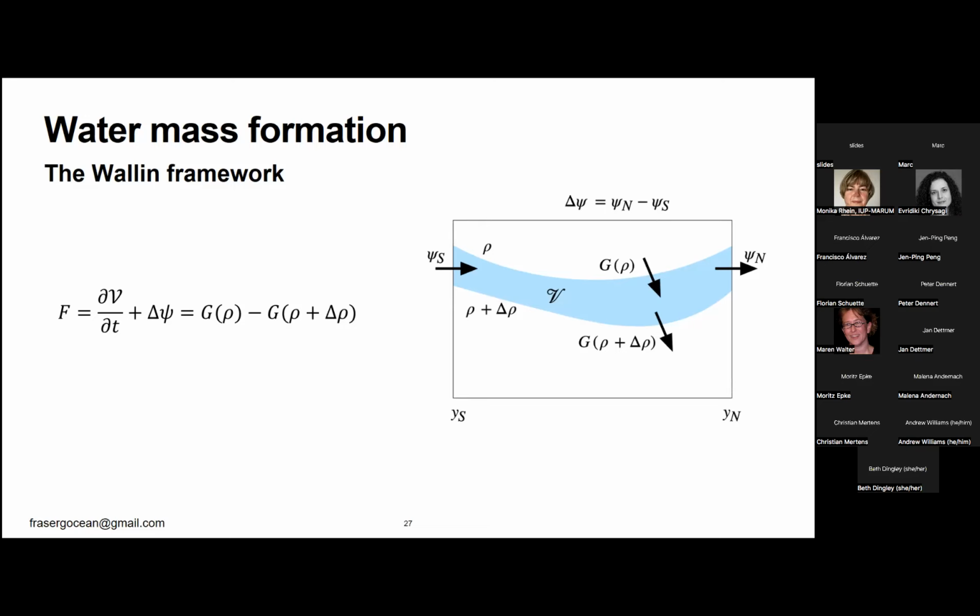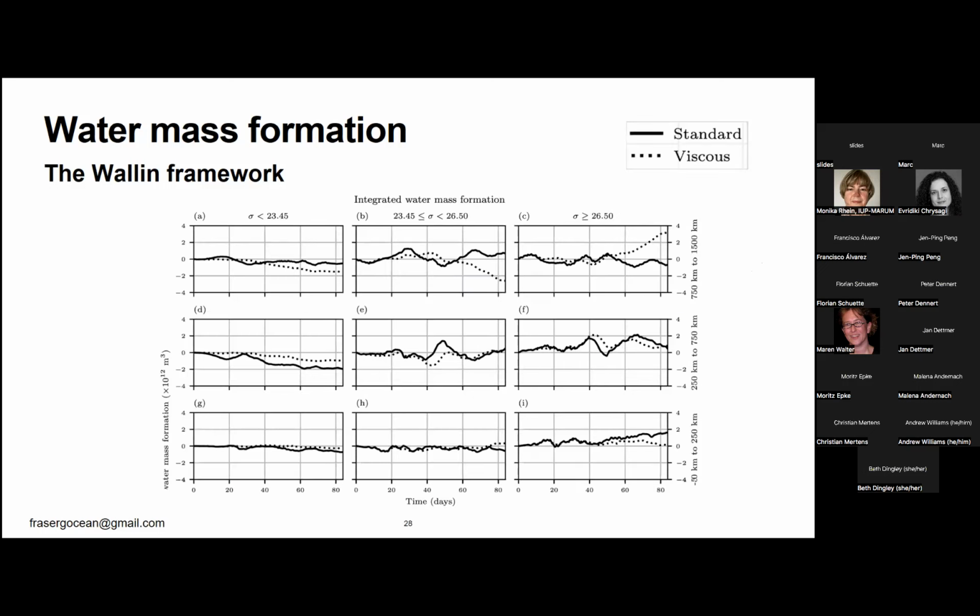The next plots I'm going to show you look at how the volume of some different density classes changes over time in our idealized models. This is a slightly complicated plot, so bear with me.